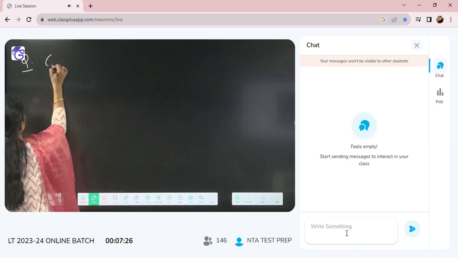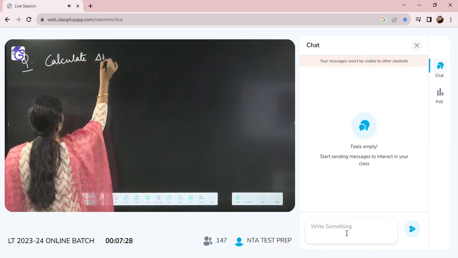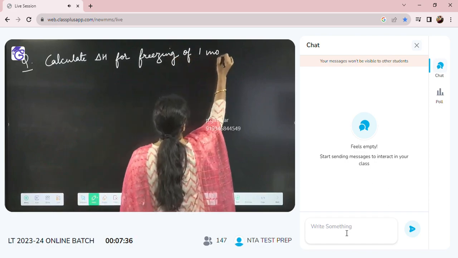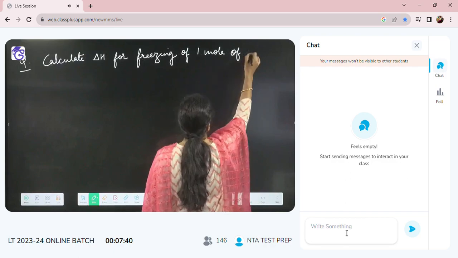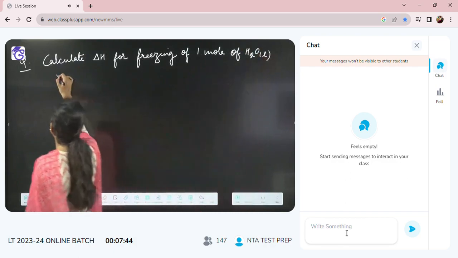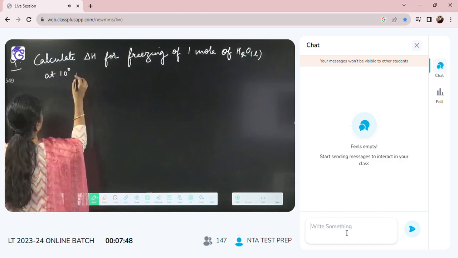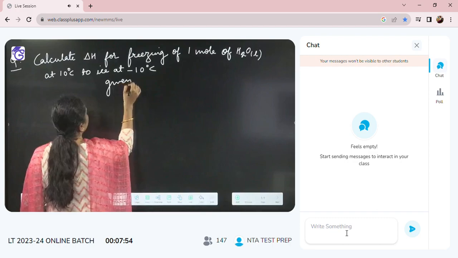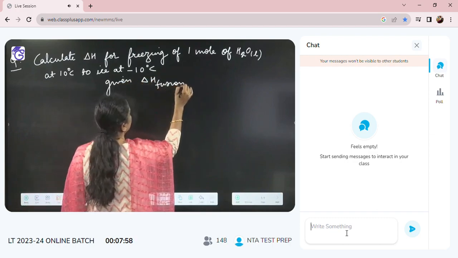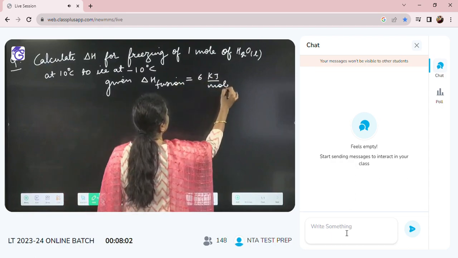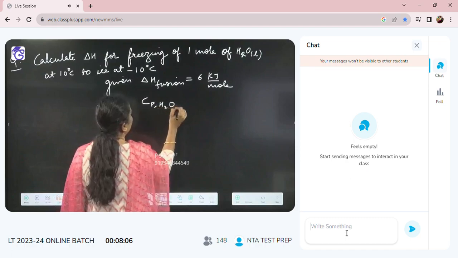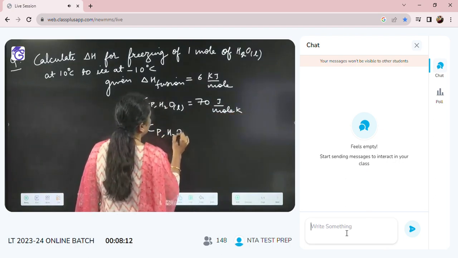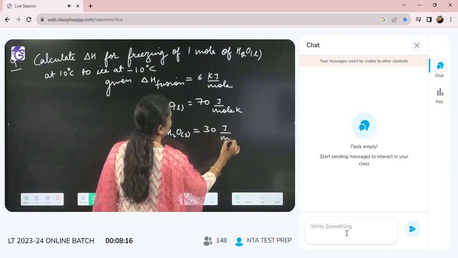Calculate the change in enthalpy for freezing of 1 mole of H2O liquid at 10 degrees Celsius to ice at minus 10 degrees Celsius, given delta H fusion is 6 kilojoule per mole, and you have Cp for H2O liquid, which is 70 joule per mole Kelvin, and Cp for H2O solid, which is 30 joule per mole Kelvin.